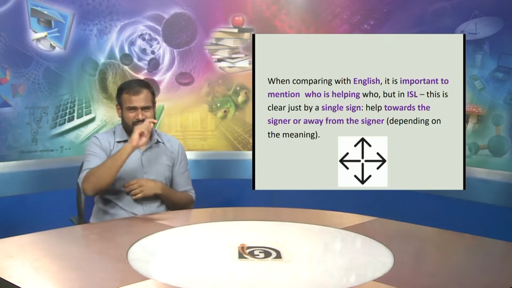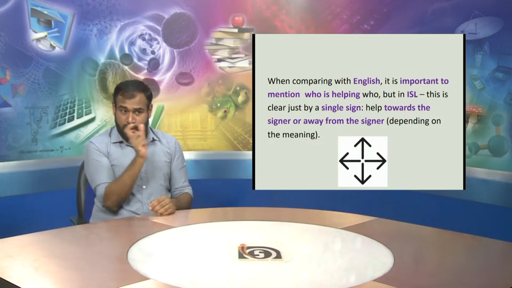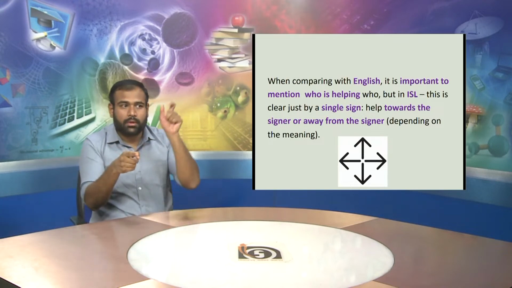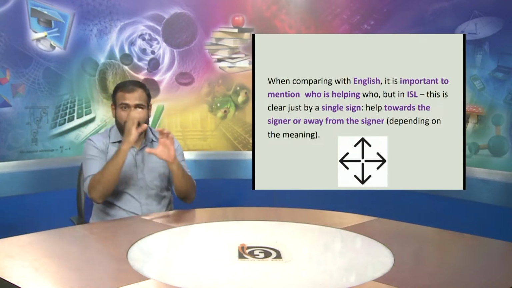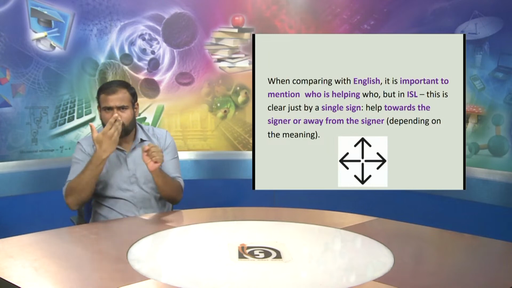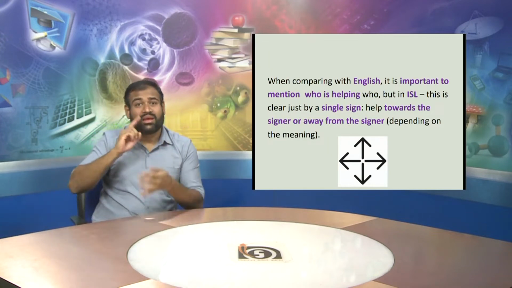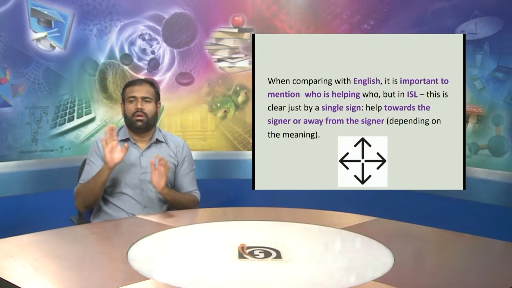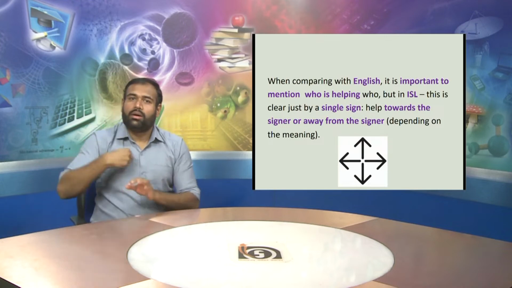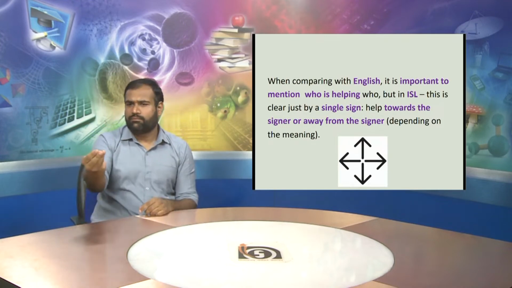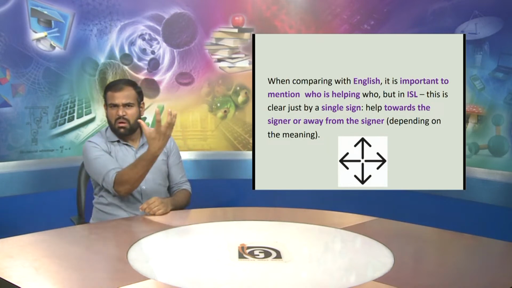We can easily understand that when comparing with English, it is important to mention who is helping whom. But in ISL, this is clear just by a single sign. Help towards the signer or away from the signer. It depends upon the meaning. So there is only one sign along with the direction itself in the sign. I give you or you give me.